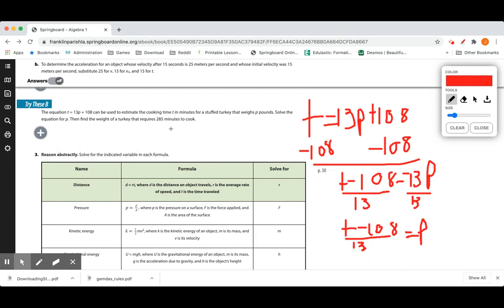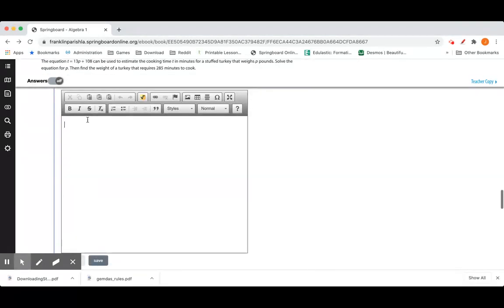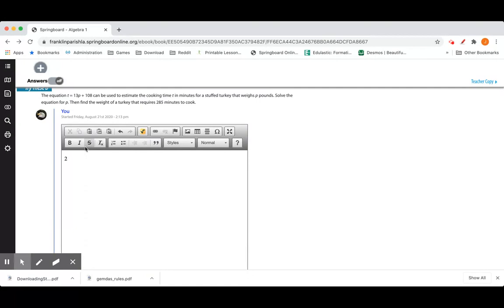Now it tells us that the time is 285, so we're going to say 285 minus 108. That whole thing divided by 13 will give us the weight of the turkey that we need. 285 minus 108.